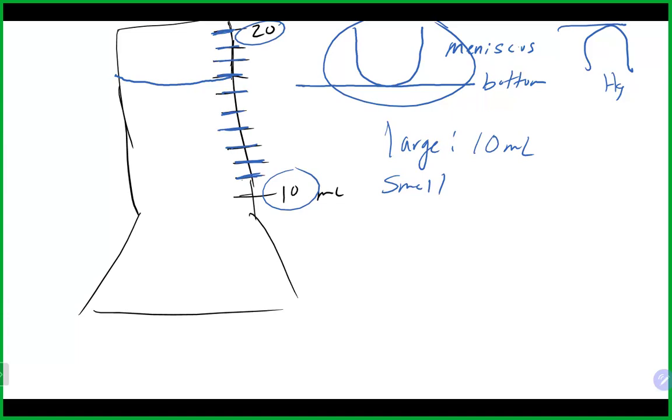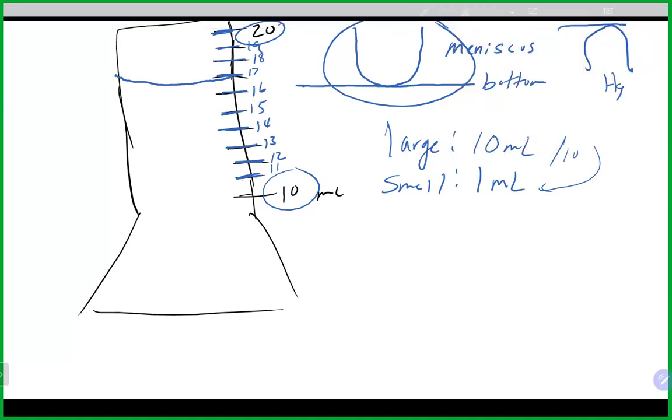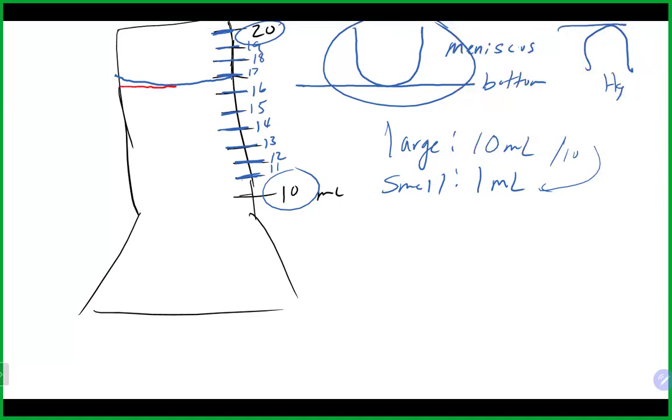Again, we have 10 markings, so 10 divided by 10, each of them equals 1 milliliter in this case. That means that this guy would be 11, 12, 13, 14, 15, 16, 17, 18, 19. And if we read from the bottom of the meniscus here, in my badly drawn one, we're right about there.